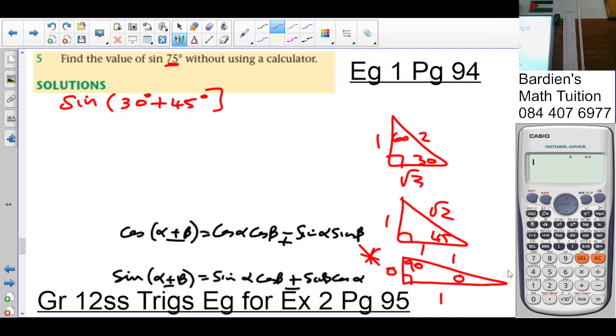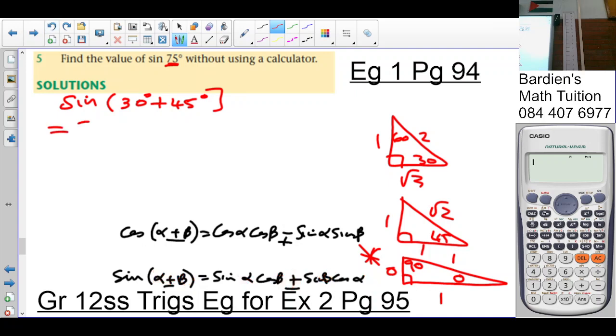So, looking at that, now we see we've got special angles. So now we've got sine of alpha plus beta. Not so? So if it's sine alpha plus beta, in its place we've got 30 plus 45. So that will be sine 30 cos 45 plus sine 45 cos 30. You see that, people? So let's write that down.